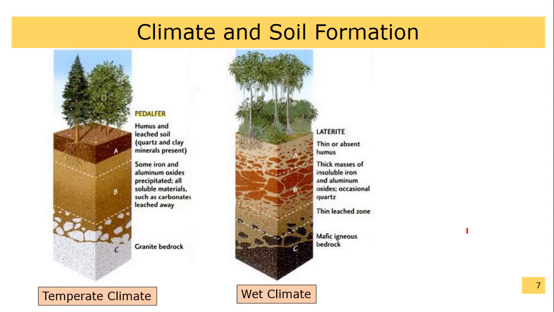These soils are often red in color from the iron oxides. The soil can become so leached that there are very few nutrients available from soil minerals, and the A horizon is very thin and humus is absent.